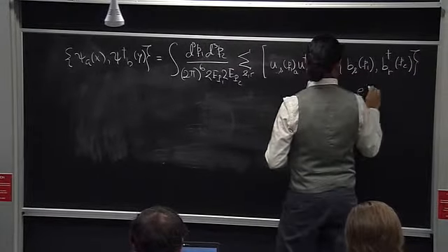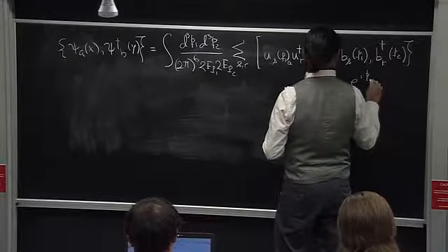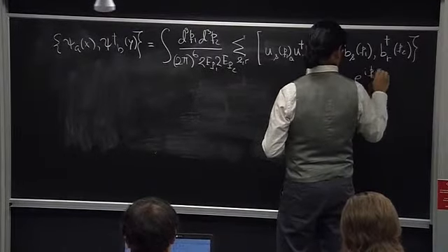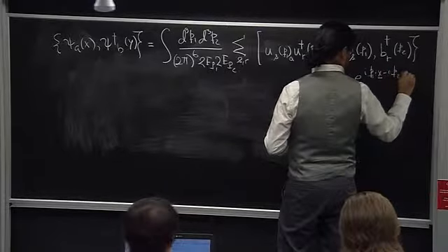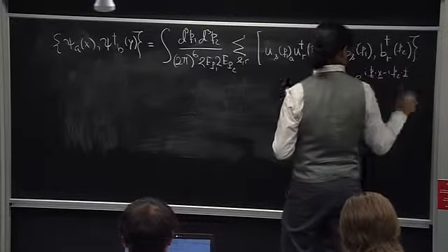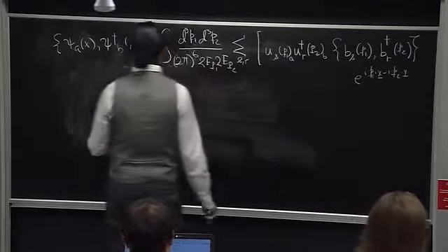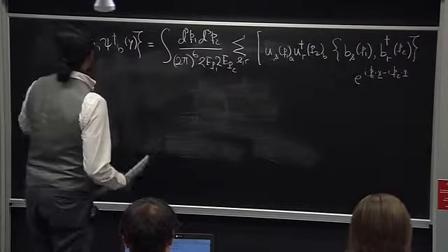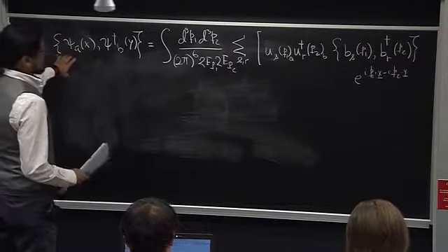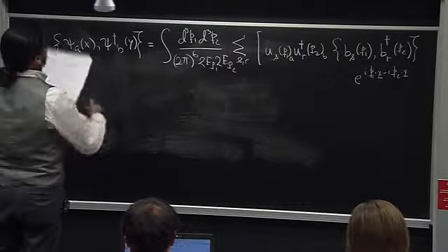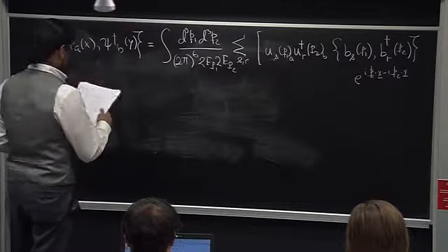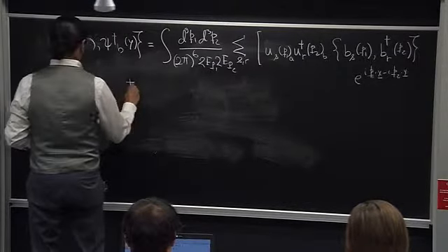And then e to the power i p1 dot x minus i p2 dot y. So that's one term. There will be a term between B's and C's, and those, as we said here, are 0. And there will be another term.